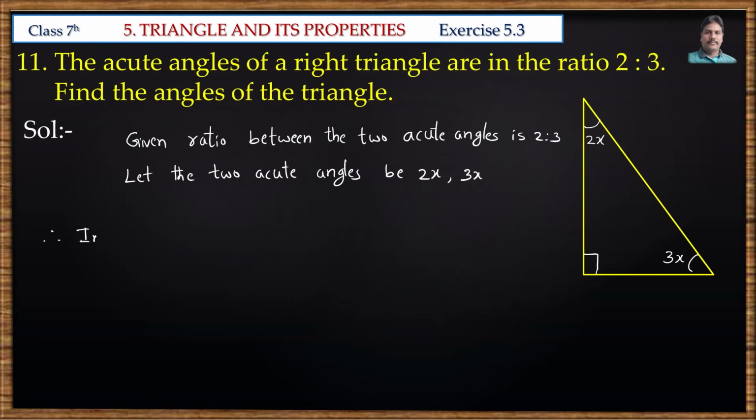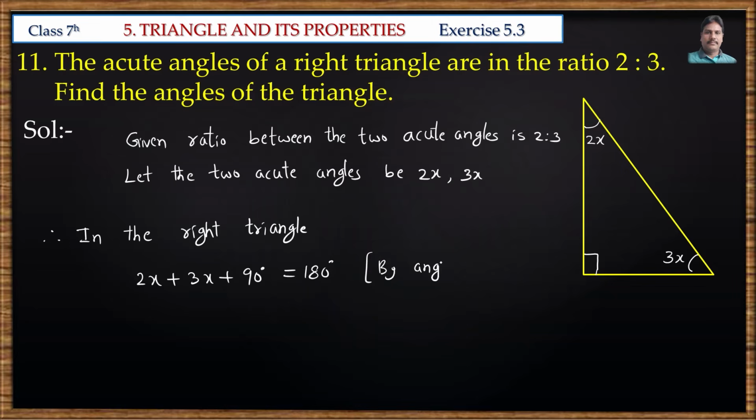Therefore, in the right triangle, 2x plus 3x plus 90 is equal to 180 degrees by angle sum property. 2x plus 3x becomes 5x plus 90 is equal to 180 degrees.